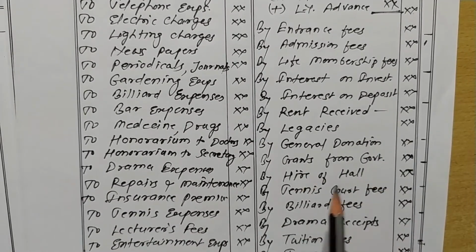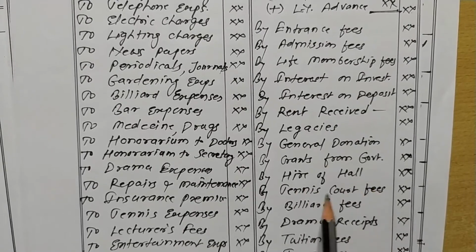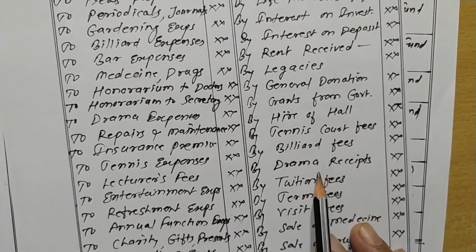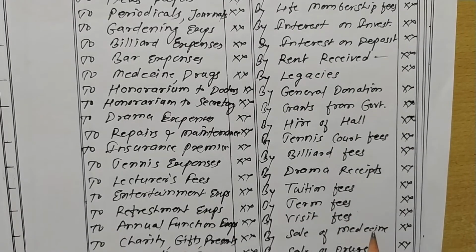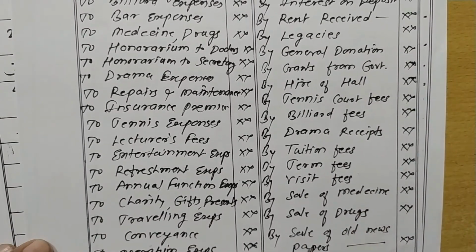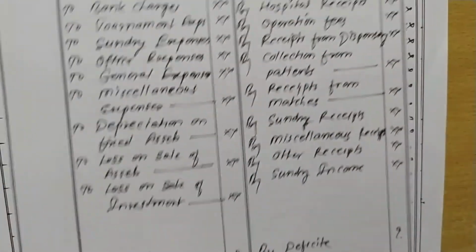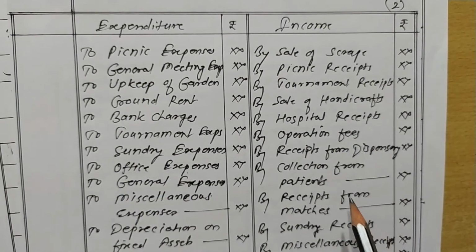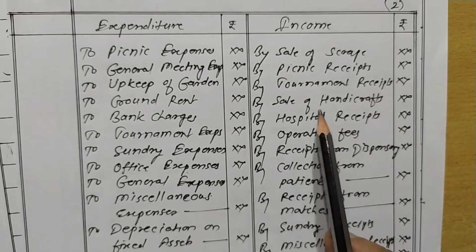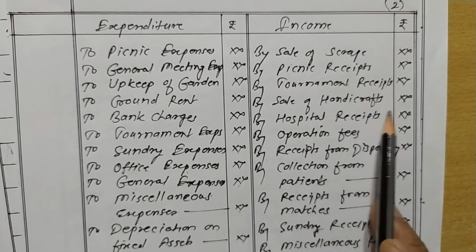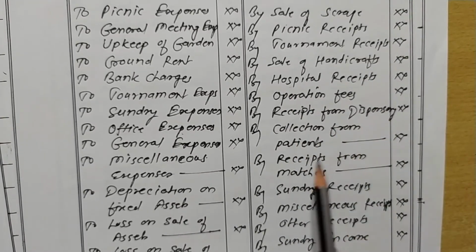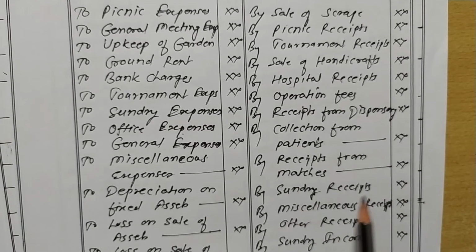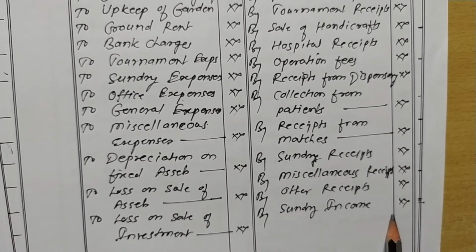General donation, grants from government, hire, means rent of hall, tennis court fees, billiard tables, drama receipts, tuition fees, term fees, visit fees, sale of medicine, sale of drugs, sale of old newspapers, again sale of scrap, picnic receipts, tournament receipts, sale of handicrafts, hospital receipts, operation fees, receipt from dispensary, collection from patients, receipt from matches, and sundry receipts, miscellaneous receipts, other receipts, and sundry income. These are the revenue incomes.